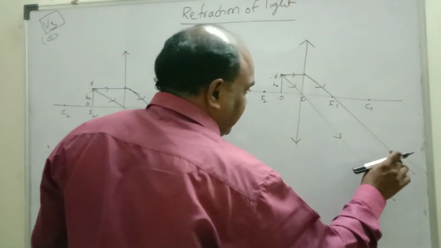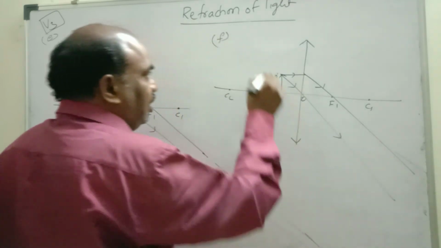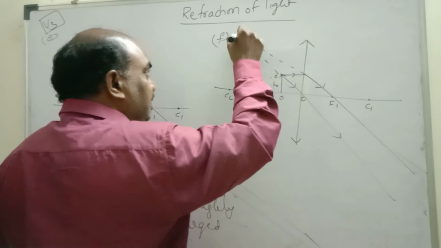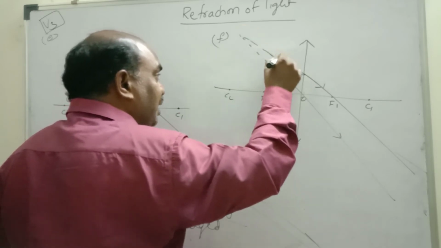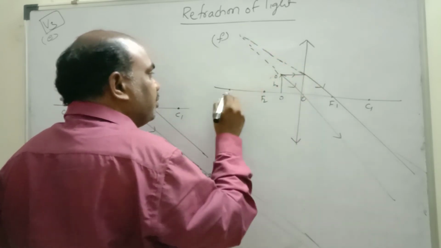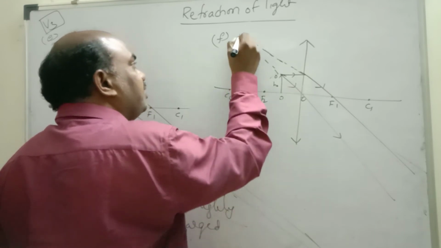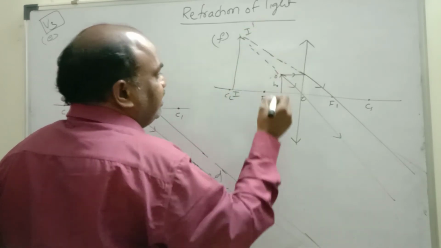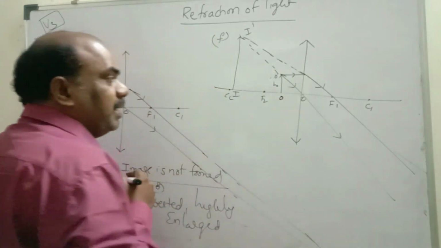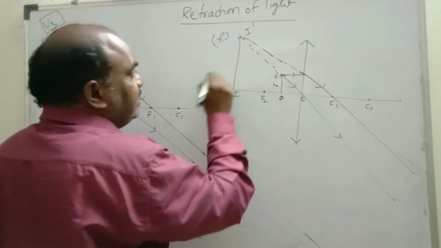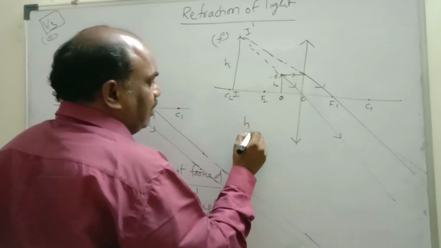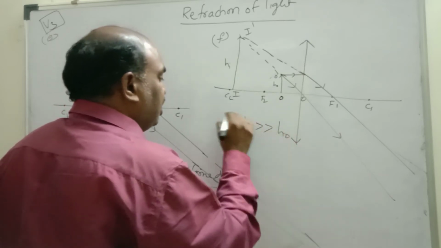These two refracted rays are divergent rays, but if you extend them, they seem to meet at one point. They seem to meet, not really meet, at this point. So the image of this object forms like this, like in a plane mirror. Daily we see our image in a plane mirror, no? This image is HI. You can see HI is highly greater than H0.